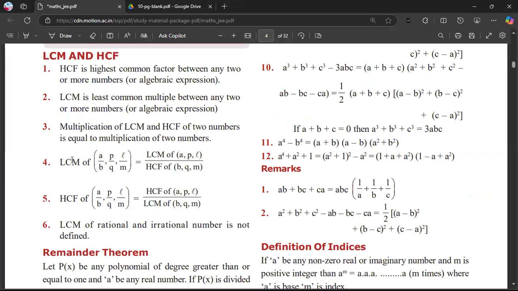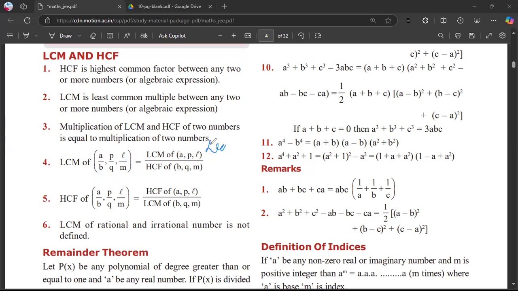Okay, so this is about LCM and HCF. Let's look at the PDF. If we have to find the LCM of fractions like A by B, P by Q, and L by M, then we'll take the LCM of the numerator terms A, P, L, and divide it by the HCF of B, Q, and M. Let's take an example.